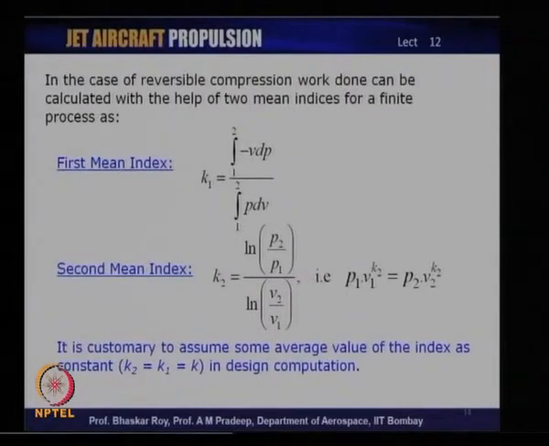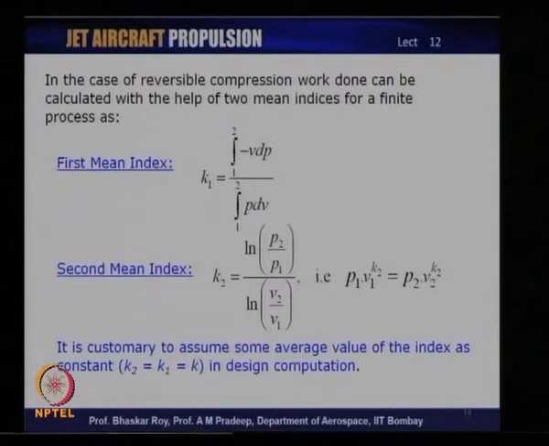In our analysis of jet engines, without getting into very minute thermodynamic analysis, it is often customary to assume that the average value of the index as shown above, the two of them are equal to each other, and hence K2 is equal to K1 is equal to K in all design computations of a typical jet engine.